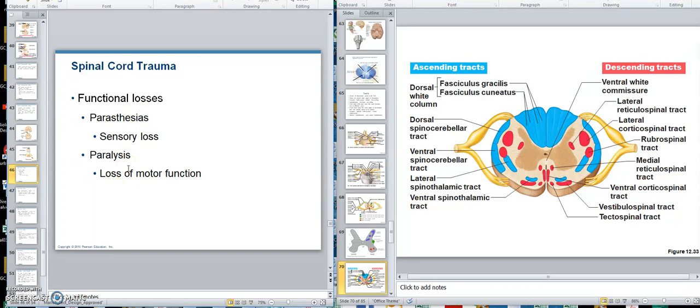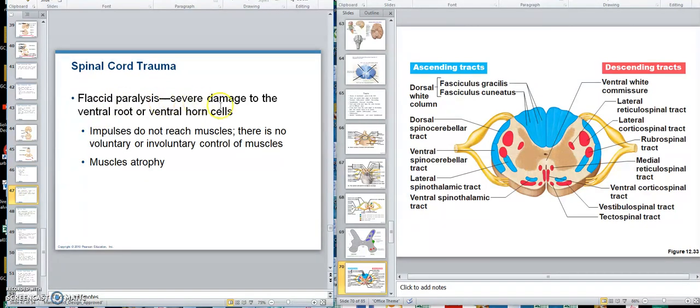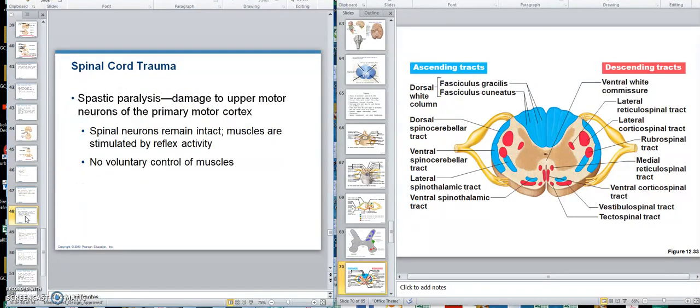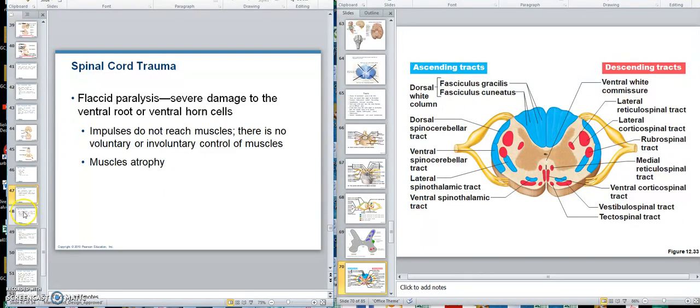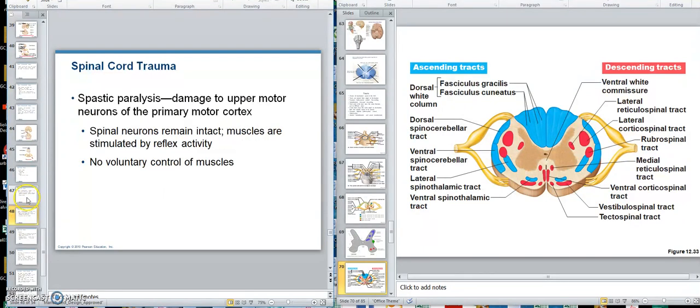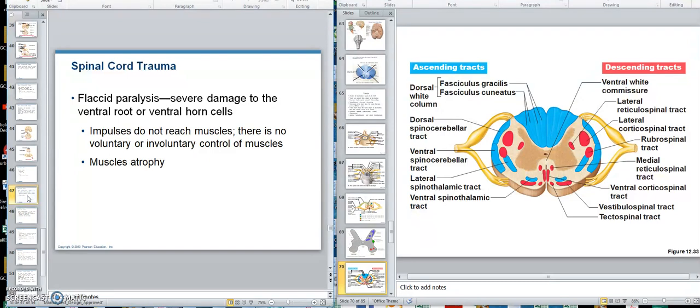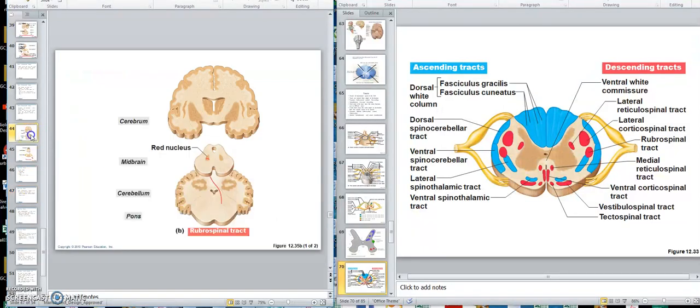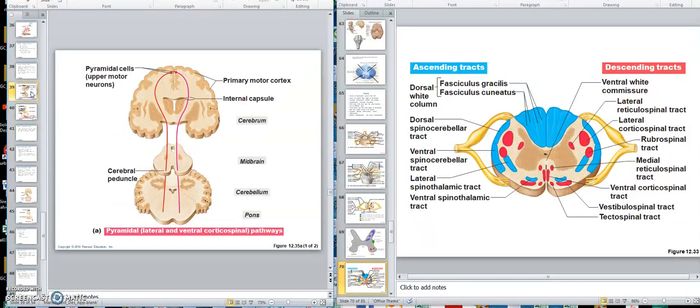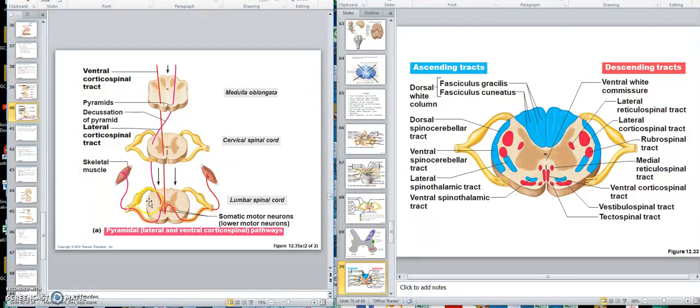Paralysis is total loss of motor function. That's motor. Okay, a flaccid paralysis versus a spastic paralysis. Now, remember when it came to the pyramidal tract, you had an upper motor neuron.